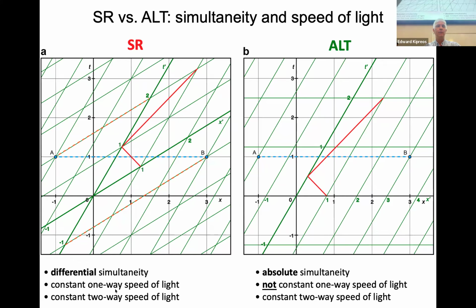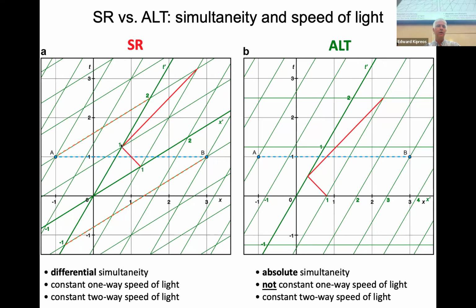And then there's also differences in the one-way speed of light. So for special relativity, let's say this is a platform going from 0 to 1. So it's 1 light second in length. And it's going to shine light backwards, and it's going to hit the back, which is 0, and then it's going to have a mirror, and it's going to shine it back, and it's going to hit the front at 1 light second distance.